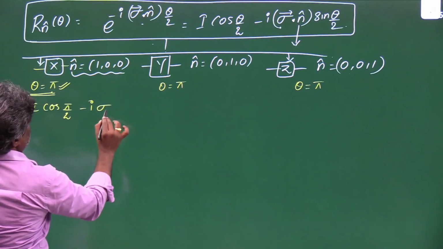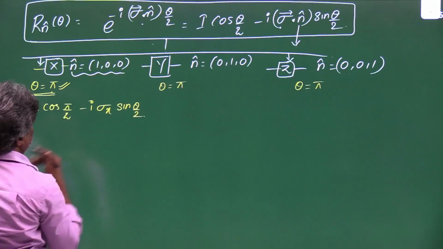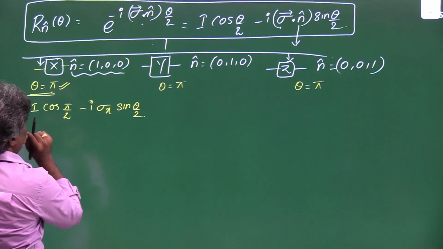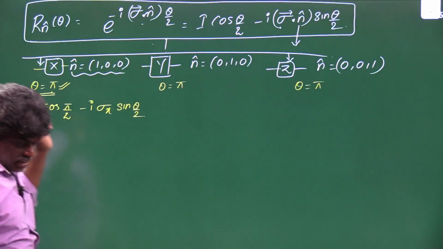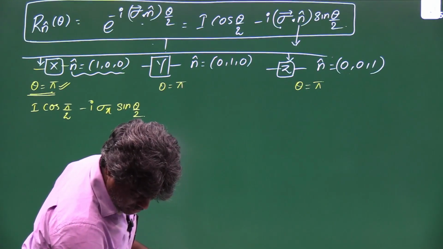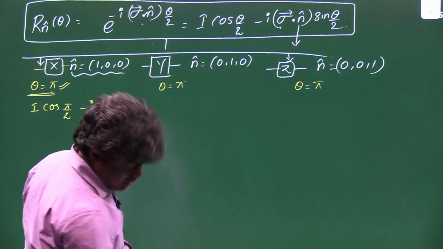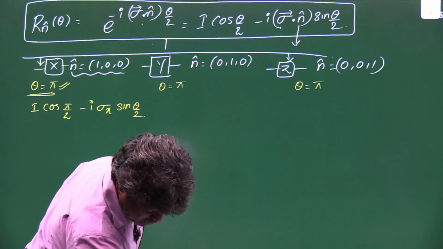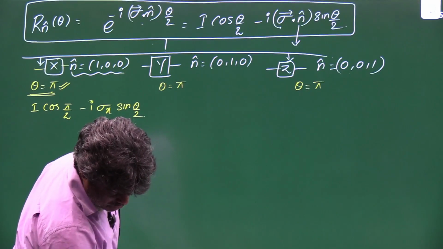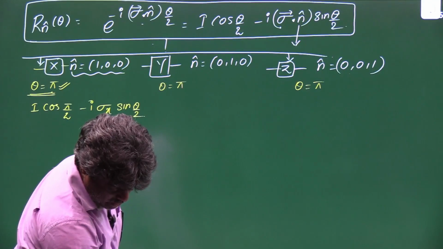Sigma x into sin theta by 2. Sigma dot n. Okay, that is correct. Capital I cos theta, U equal to sigma x, n cap is 1, 0, 0. One minute, sir. Theta is pi.